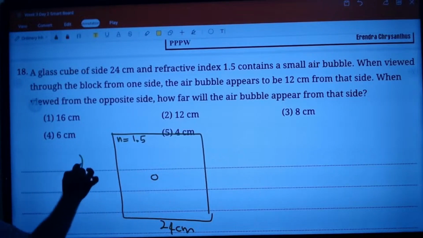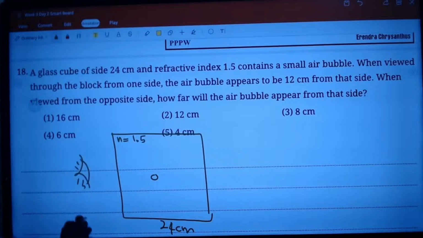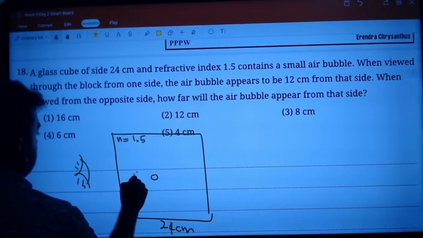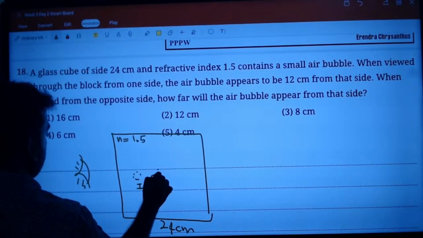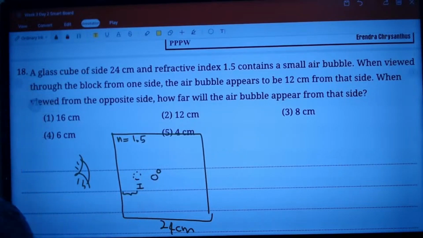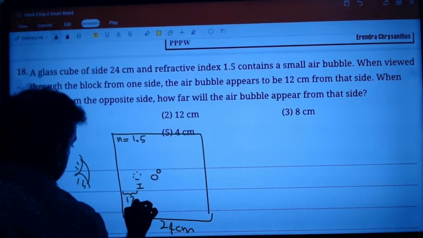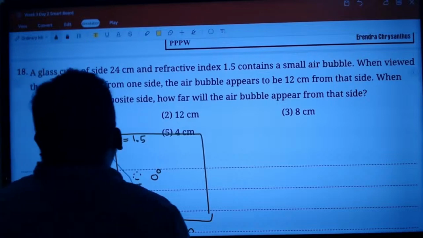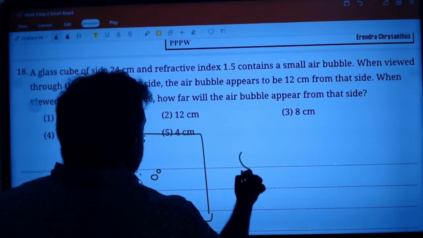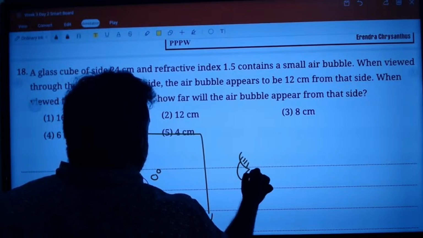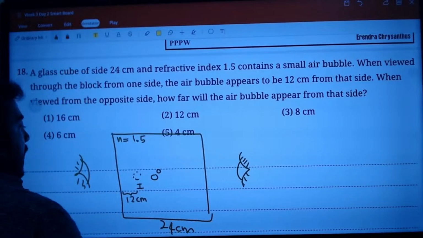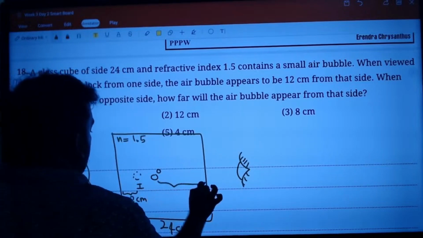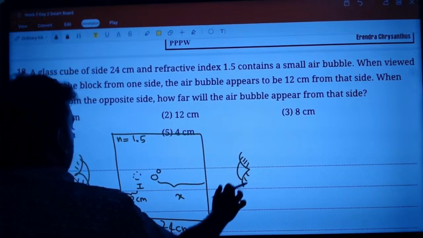When viewed from one side, the air bubble appears to be 12 centimeters deep, so the image is there. When viewed from the opposite side, how far will it appear? Let's say distance x, independent of the place where you keep your eye.